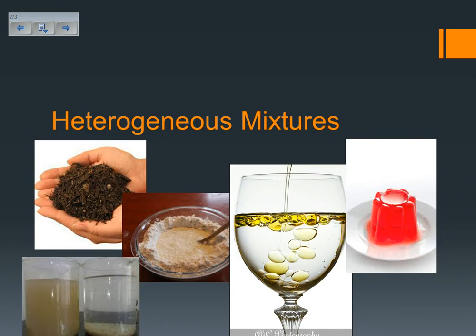Okay, and then this guy way over here, everybody should know Jello. Okay, Jello is what we call a colloid, or a colloidal dispersion. So this is slightly different because the particles are so small that they are suspended, and they don't ever fall out of the mixture.